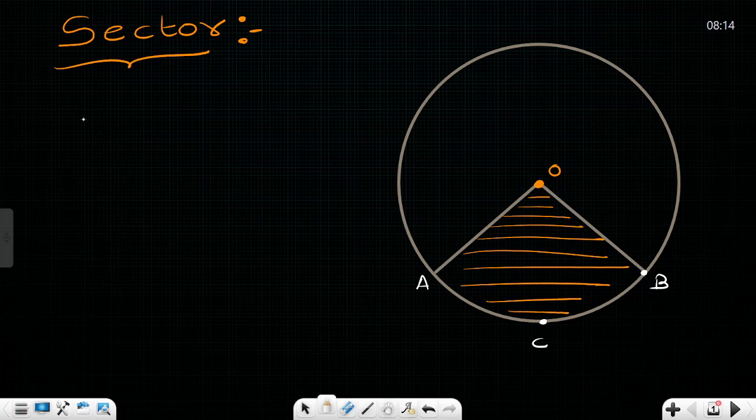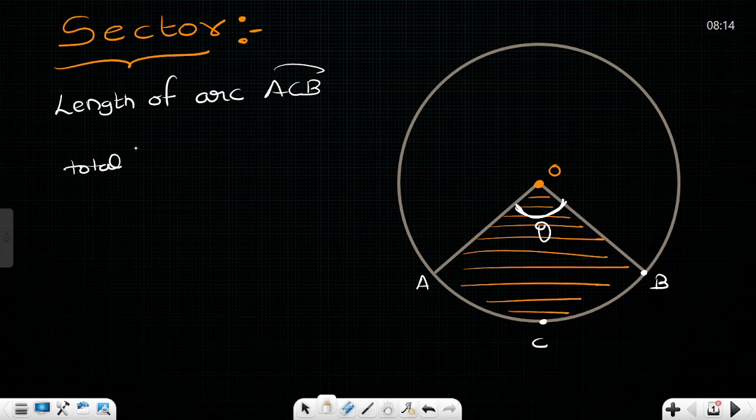Now, first of all, let's talk about length of arc A, C, B. For all this, we need this middle angle. Let's say this angle is theta. So, total perimeter, or otherwise total arc length of circle is nothing but its circumference, this 2 pi r.